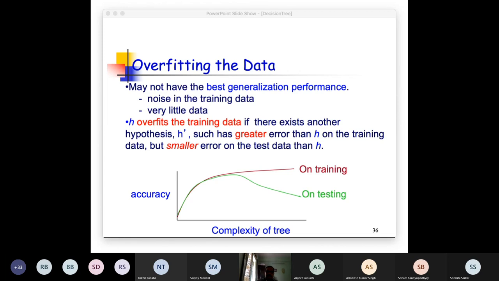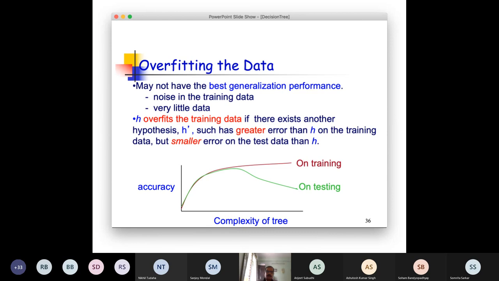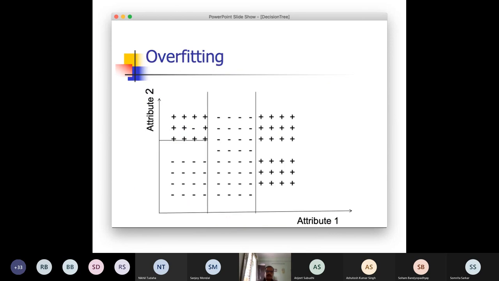Now, generalization error is also estimated on a particular set of test samples. One typical example: if you remember that rectangle learning situation, with respect to the previous example there is one particular sample, so let me use the pen.